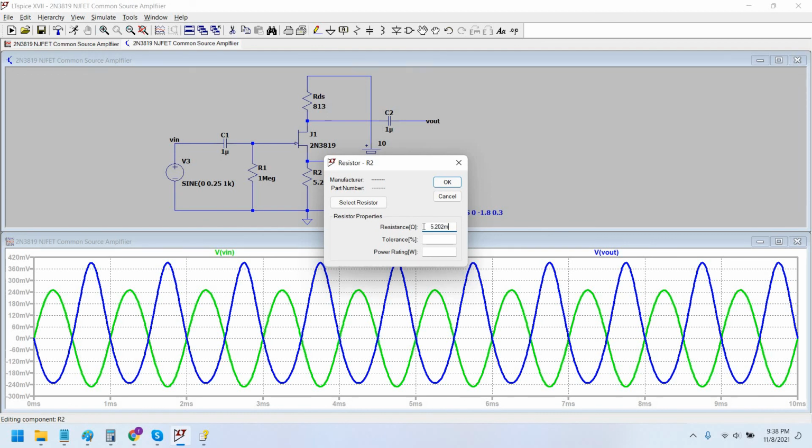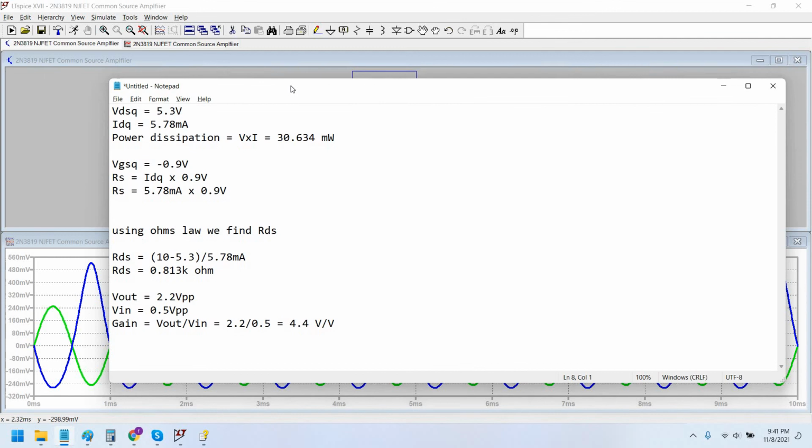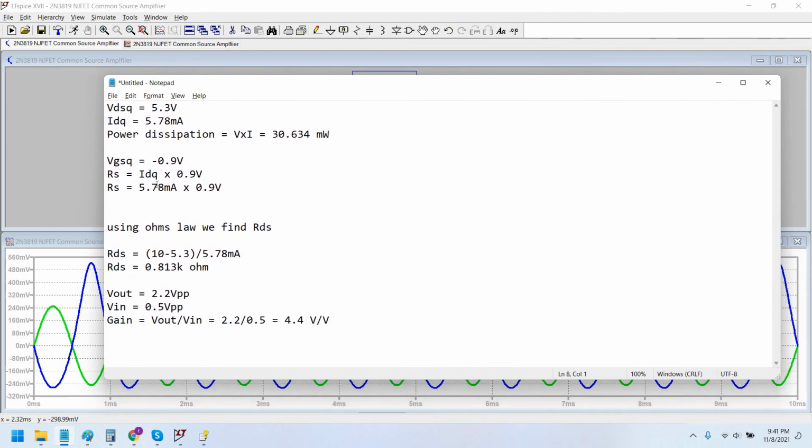I think there is something wrong with this resistor. Okay, now yes, I think there is some mistake in the formula.